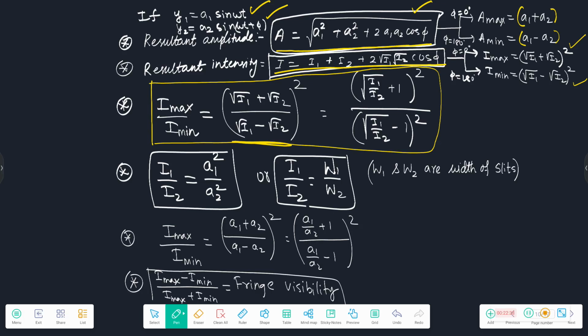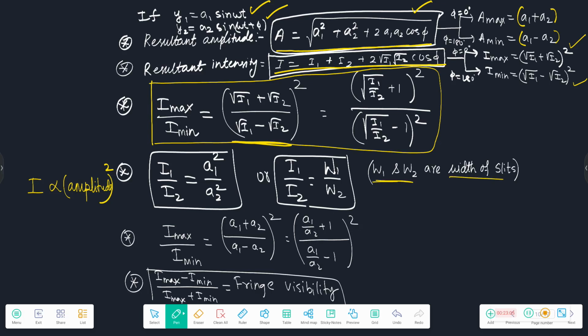Always remember I1 by I2: intensity is directly proportional to amplitude squared. This is the definition of intensity in terms of the wave picture of light. So I1 by I2 is A1 squared by A2 squared, where A1, A2 are the amplitudes of the given waves. And I1 by I2 you can also take as W1 by W2, the widths of the slits.